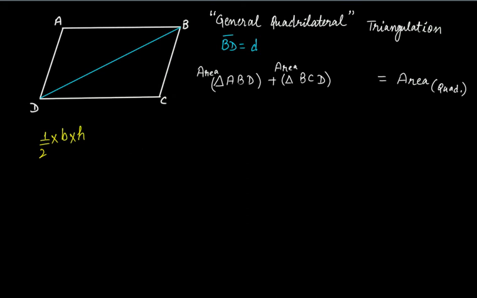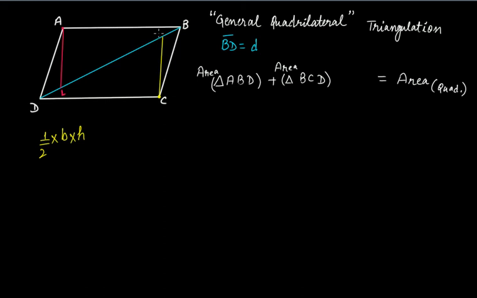Let's draw the two heights in this case. Take this vertex A, and from this vertex A, draw the perpendicular line segment on BD. Let's call this intersection point L. Now take this vertex C, and from this vertex C, draw the perpendicular line segment on BD.